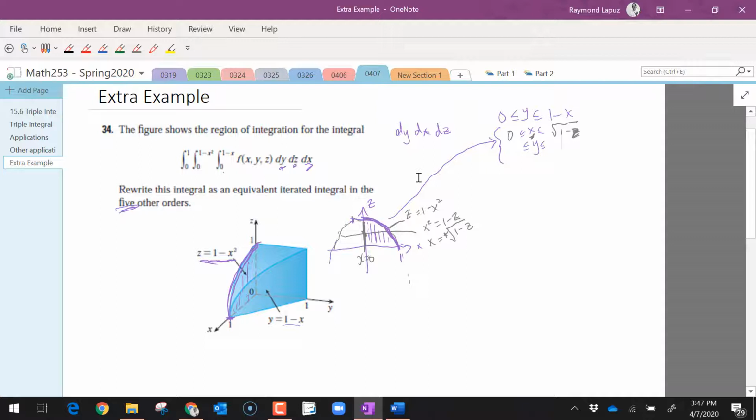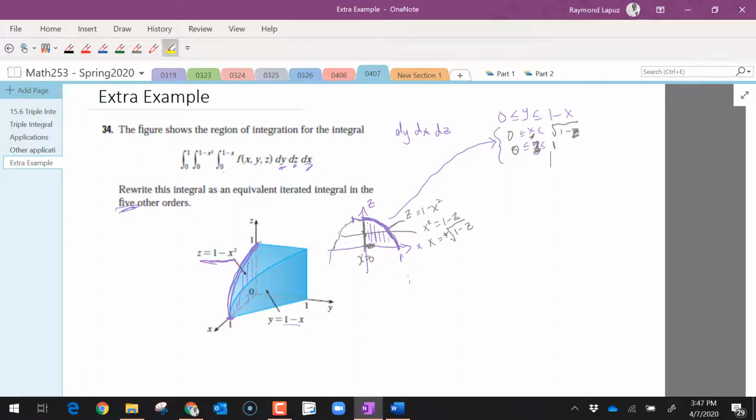And then, oops, this should be z here. I put y, it should be z. As I integrate with respect to z, I have to acknowledge that the limits have to be constants, and it looks like it's just going to go from 0 to 1. So that's it.